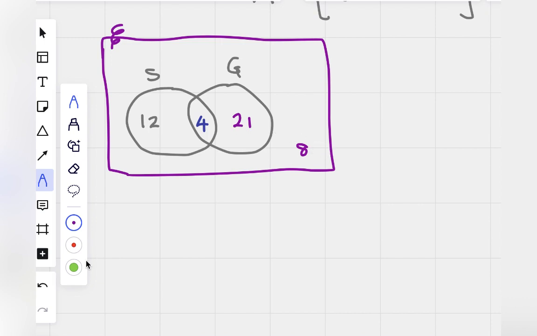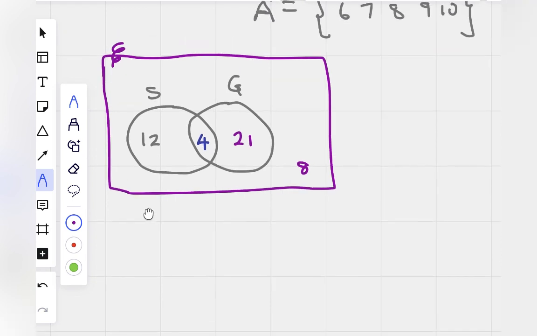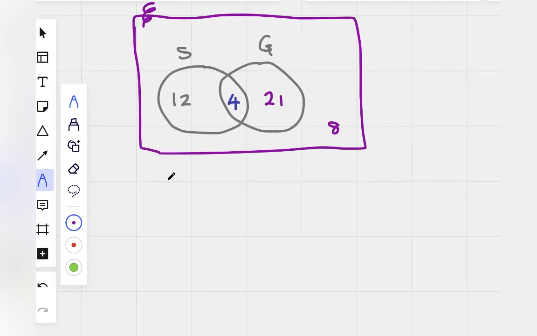Now, find the probability of the number of students that study Spanish but not German. So P, probability of Spanish but not German. They don't do German.